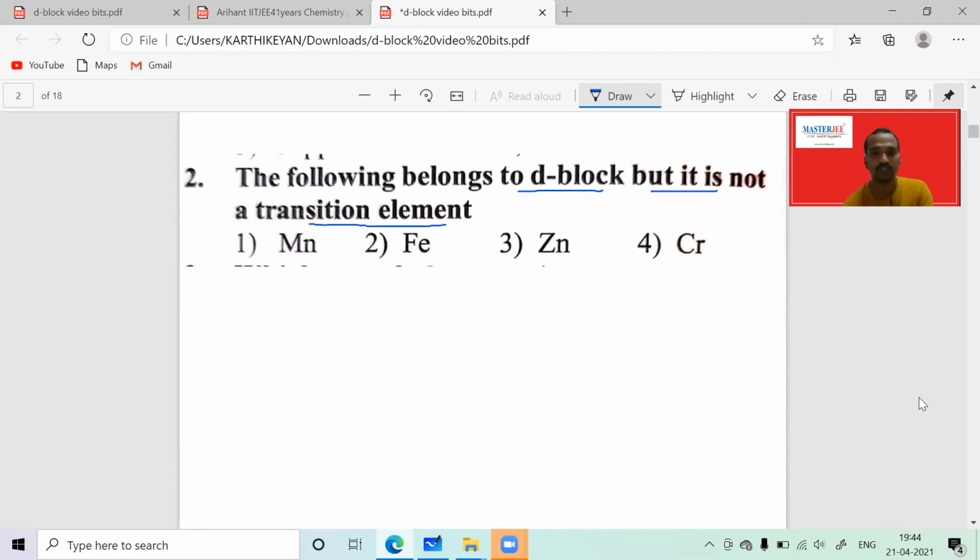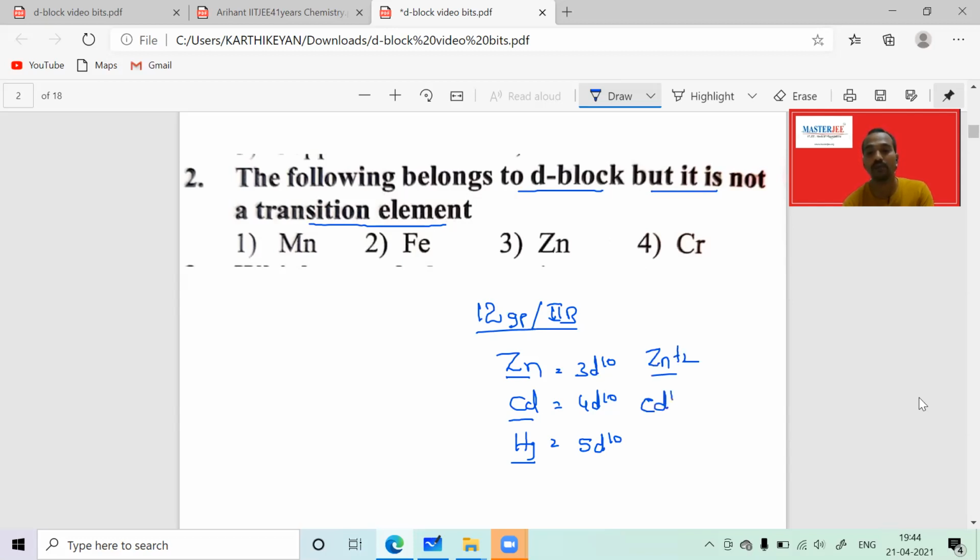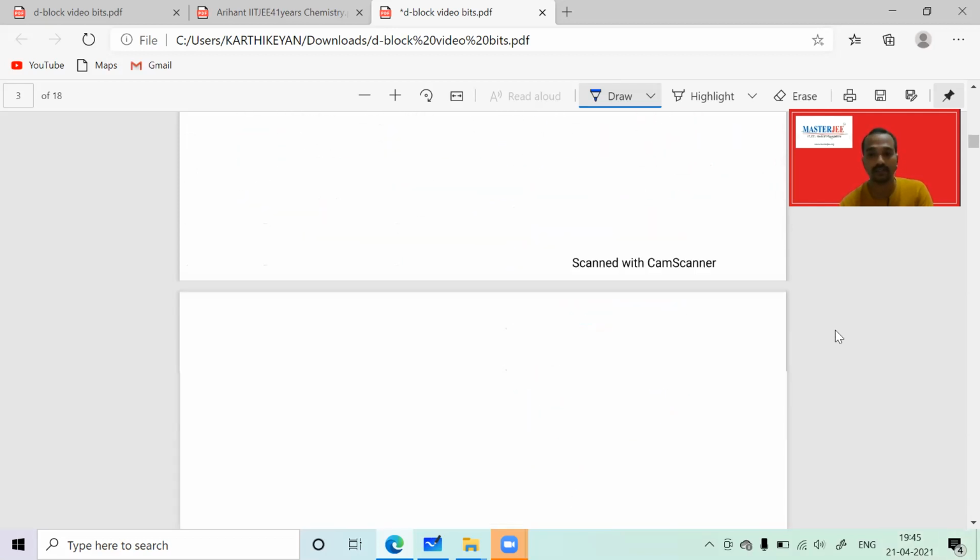We already know the 12th group, or IIB group, elements zinc, cadmium, and mercury have completely filled 3d10, 4d10, and 5d10 d orbitals in both their atomic and ionic forms, Zn2+, Cd2+, and Hg2+. Because of the completely filled d orbital configuration, these are not considered transition elements even though they are present in the d block.